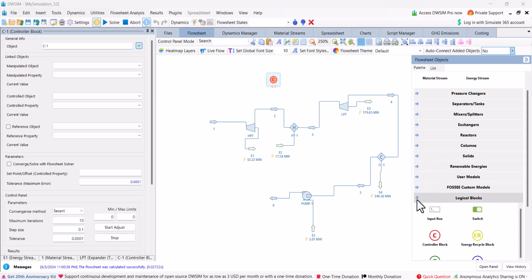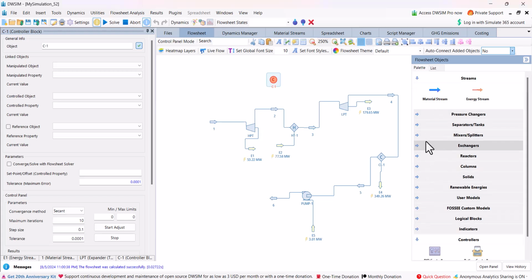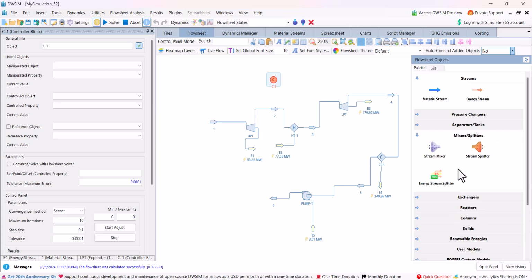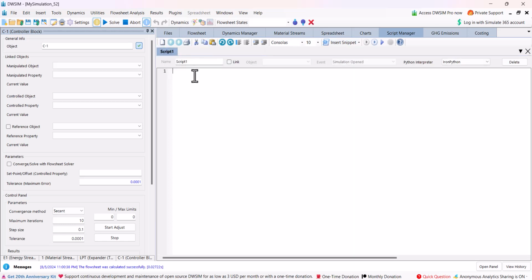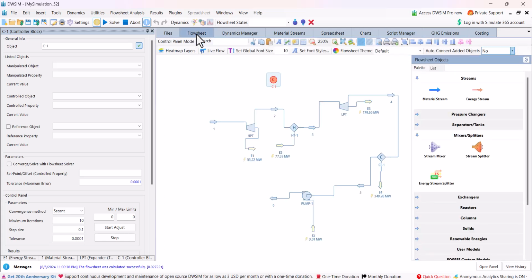And the main problem with DWSIM here is it does not have a mixer for energy as compared to Aspen Plus. It would have been easy if we just mix both energy streams and control that energy stream there, but there is a workaround for that. We'll go to script manager and write a new script, and there we will add an energy stream.